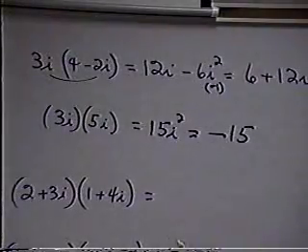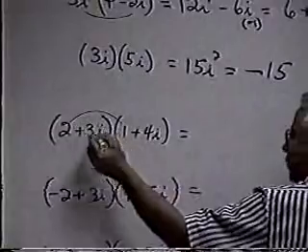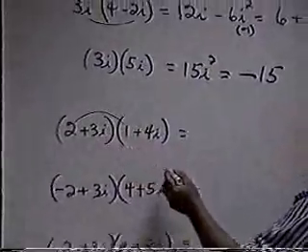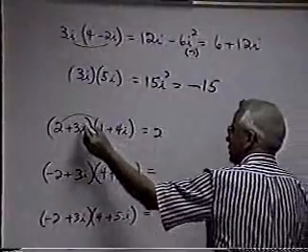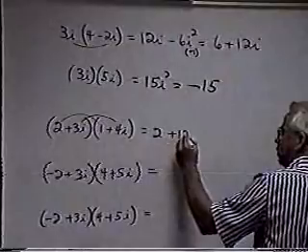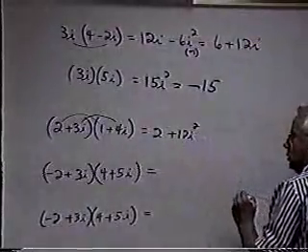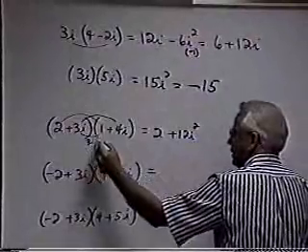All right, so now let's look at the next one. The next one is by the FOIL method. We now have a full complex number times a full complex number. So we do the first times the first, that's 2. Last times the last, I'm going to go ahead and write it down, plus 12i squared. The inside is a plus 3i.